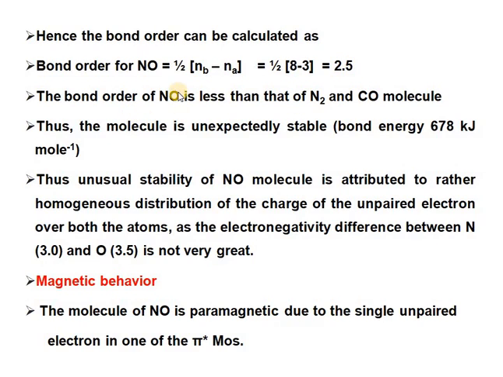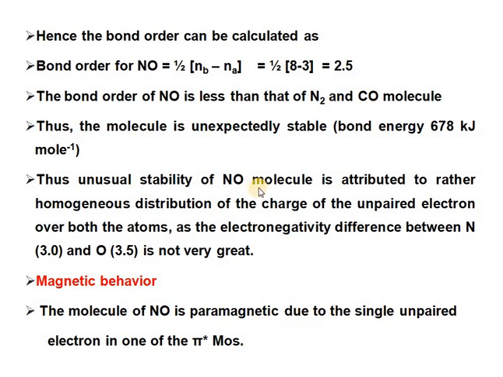The bond order of nitric oxide is less than that of nitrogen and carbon monoxide molecules, yet the nitric oxide molecule is unexpectedly stable, with a bond energy of 678 kilojoules per mole.